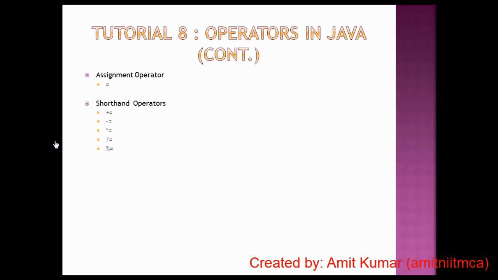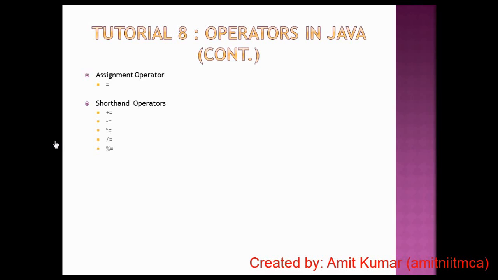But assignment operator is also used in a different version known as shorthand assignment operator. Shorthand assignment operator is also known as compound assignment operator because it is a combination of assignment operator and another operator with it.